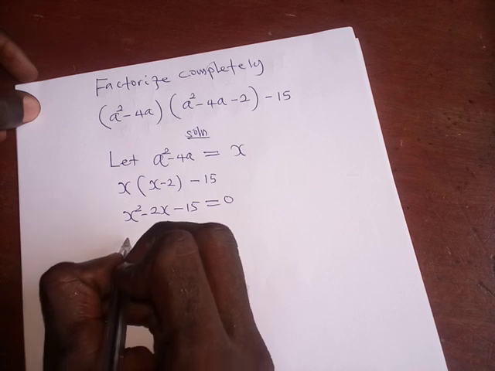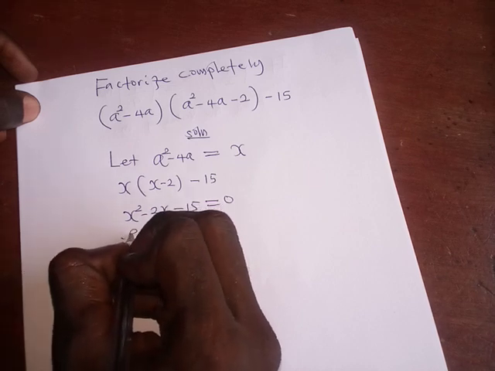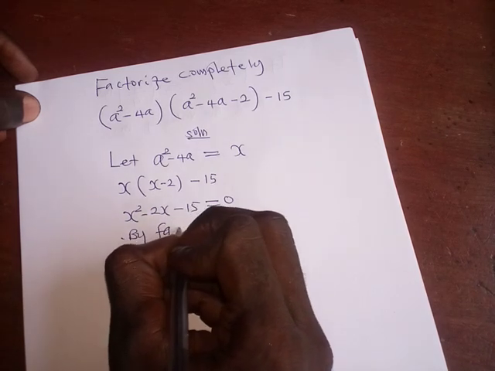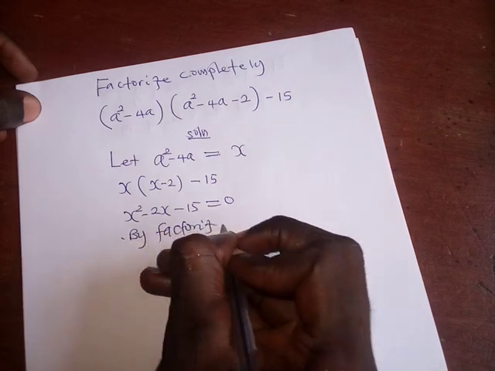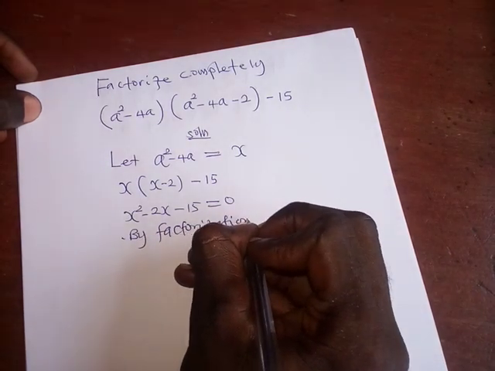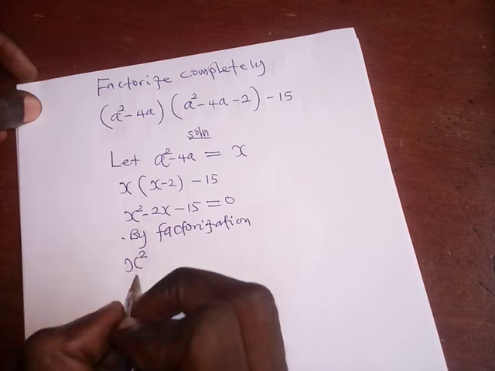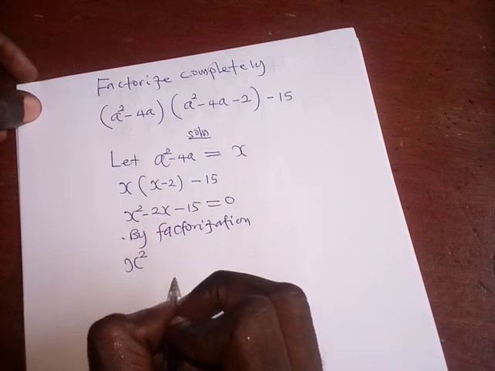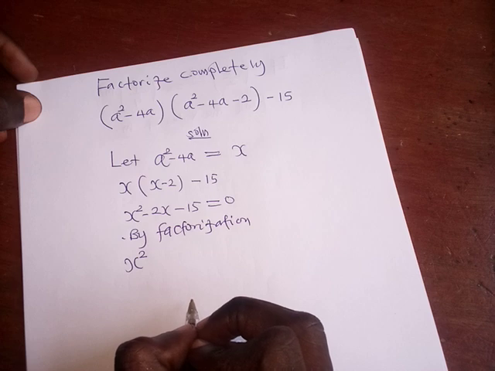Now by the factorization method, this becomes x², and instead of this we have the two numbers, 3 and 5.